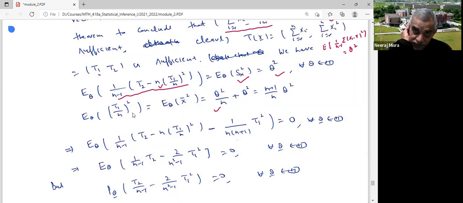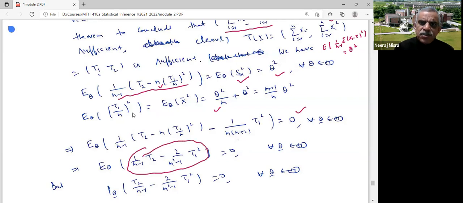So n plus 1 upon n, n goes over here, and so minus 1 upon n plus 1 times t1 square is 0. Simplify this. I have gotten a function of t1 and t2 whose expected value is 0. But what is the probability that t2 upon n minus 1 is the same as 2 times n square minus 1 times t1?